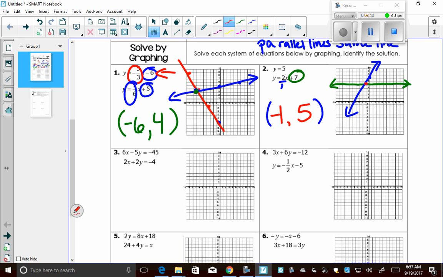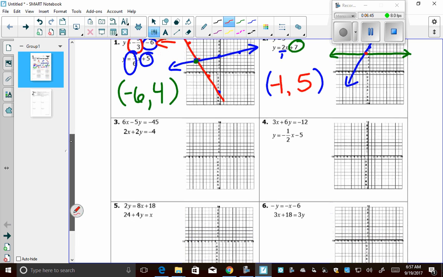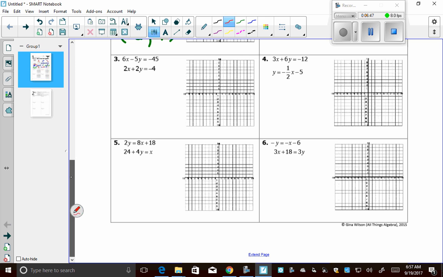Okay, number 3, you can do one of two ways. You can find the x and y intercepts by plugging in zeros for the appropriate variables, or you can just solve for y. I'm going to solve for y.